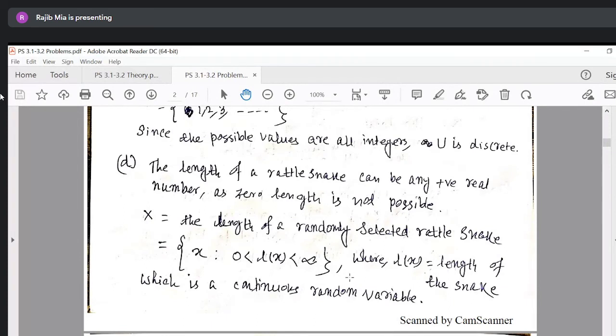Can't we write the set of all x which belong to greater than 0 and less than n, and fix the value of n? Yes, here you have written the set of all x such that x is greater than 0 and less than a finite value n. I can write that, no problem. Okay, sir.